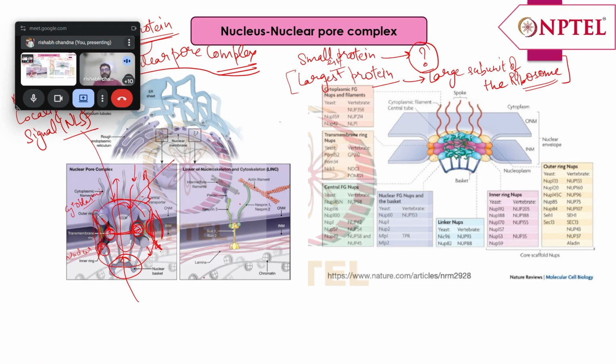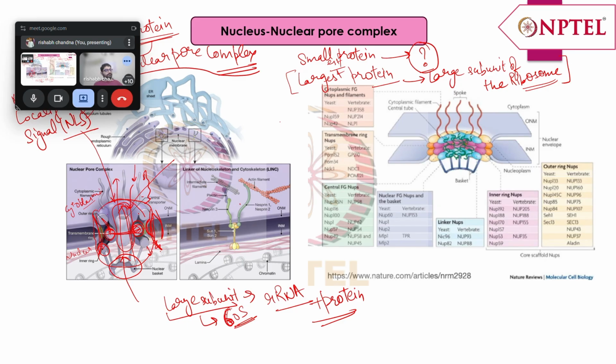Because the large subunit of the ribosome has the rRNA plus the proteins. So what is actually the large subunit? That is the 50S. Sorry, 60S in case of humans. Okay, so this 60S is the largest cargo that actually is driven out of the nuclear pore complex.